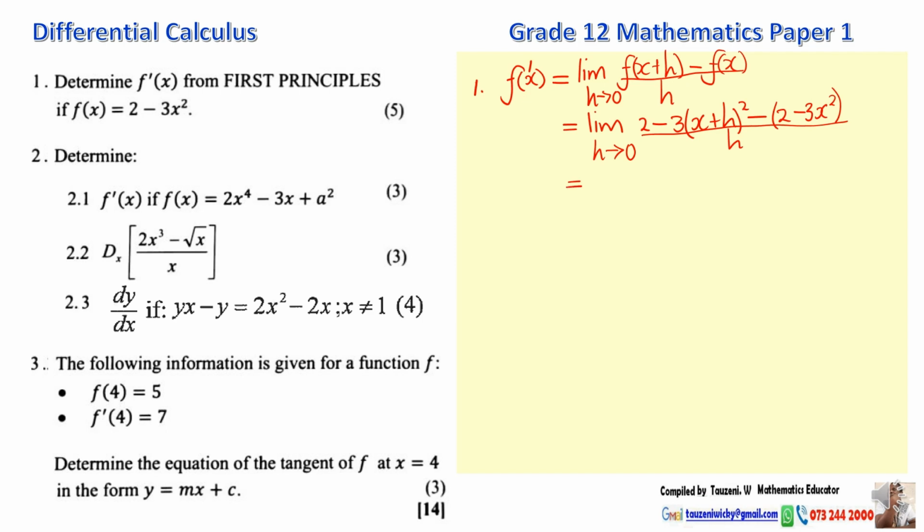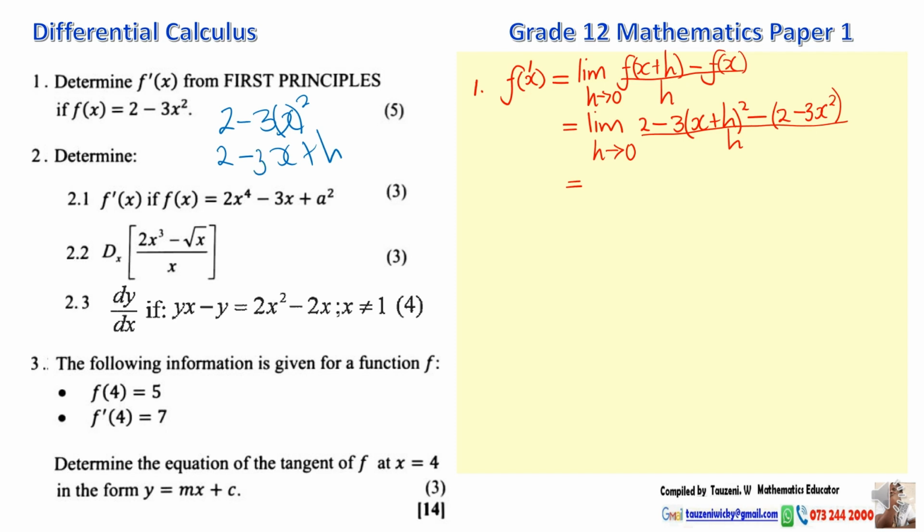Our expression that we are differentiating in question 1 is 2 minus 3x squared. The position for x is going to be taken by x plus h.